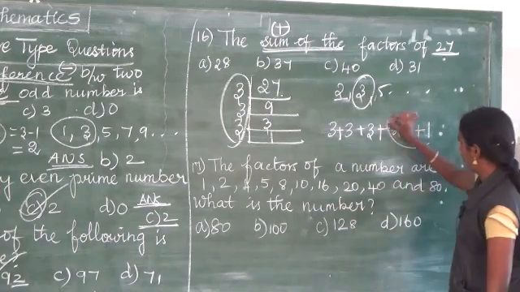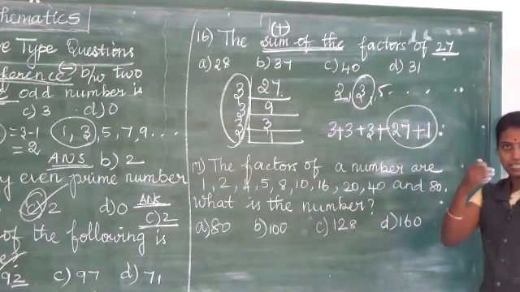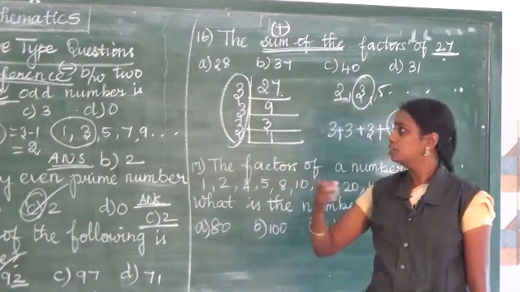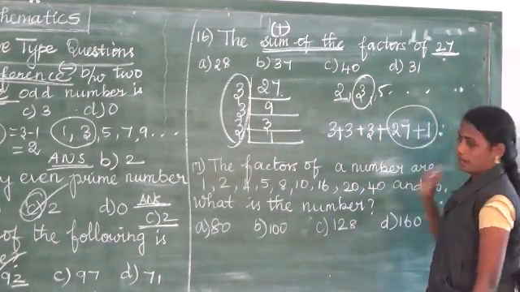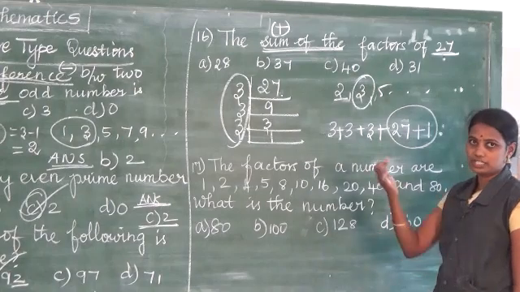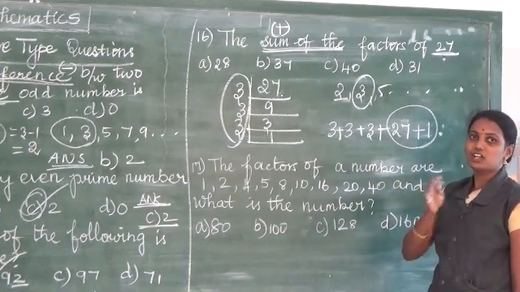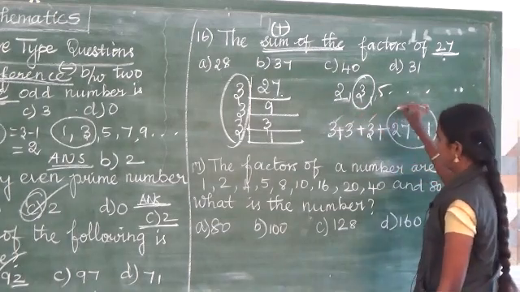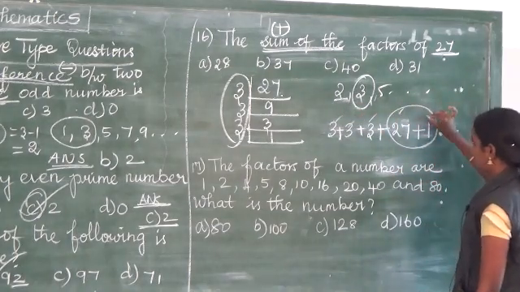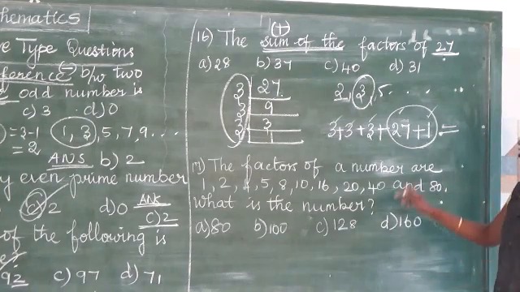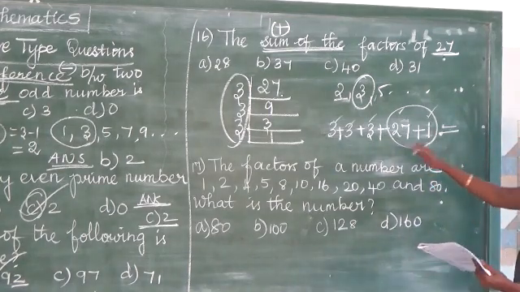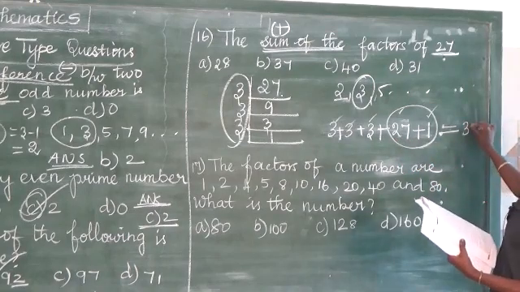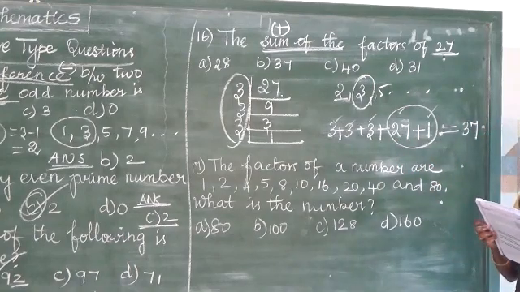For every number, the number itself and 1 are factors. So if we add 3 plus 3, 9. 9 plus 27, plus 1. So what will be the answer now? 10 plus 27, 37 is the answer.